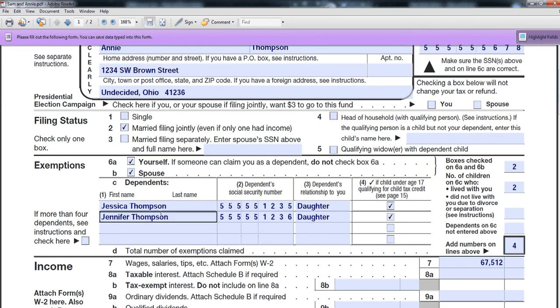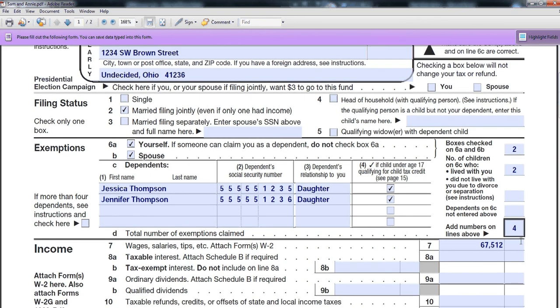And then the dependents, you name them, social security numbers, the relationship. And then here it says if they're under the age of 17, that's the age limit to qualify to get the child tax credit. There are also income limits to get the tax credit. You can't make over a certain amount or you won't qualify to get the child tax credit. Alright, but they do. So 2 for the children, and then that equals 4.